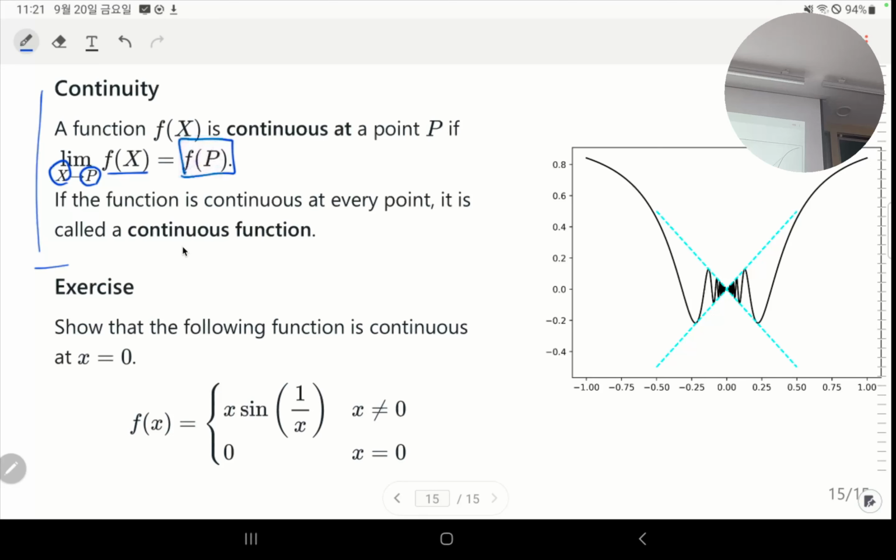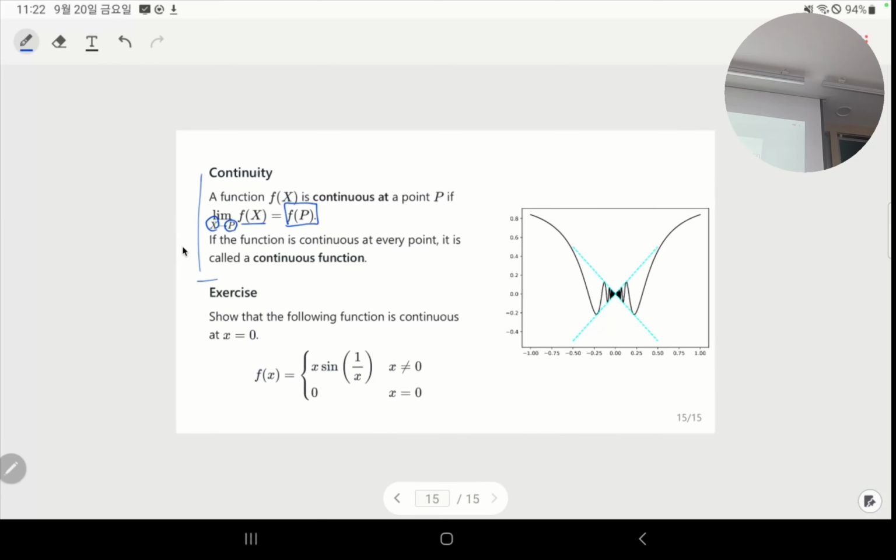So let's prove the continuity here. It's also a weird function because we have x in the denominator and x could be 0. So I take that case as an exception and set my function to be 0. And this is the graph.